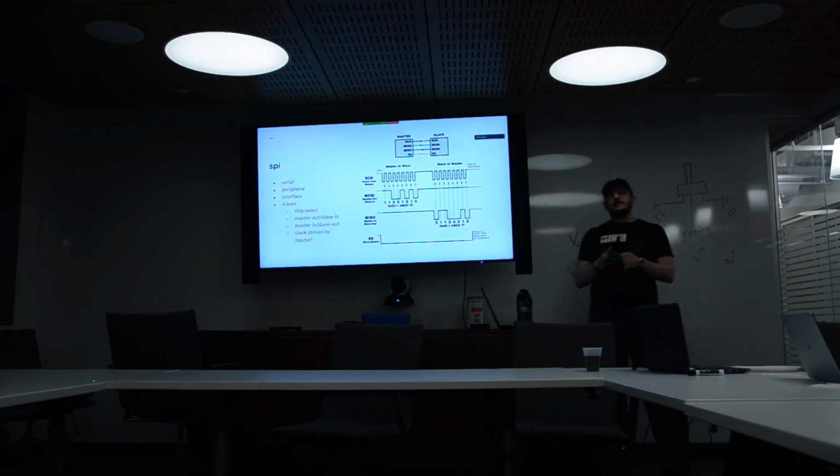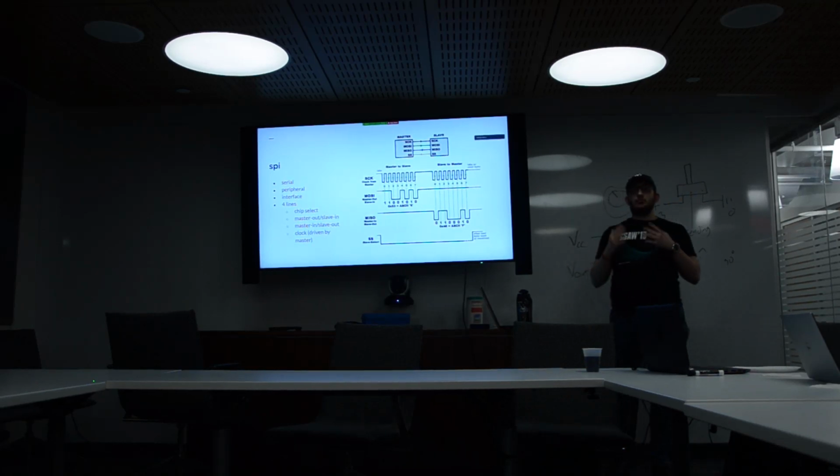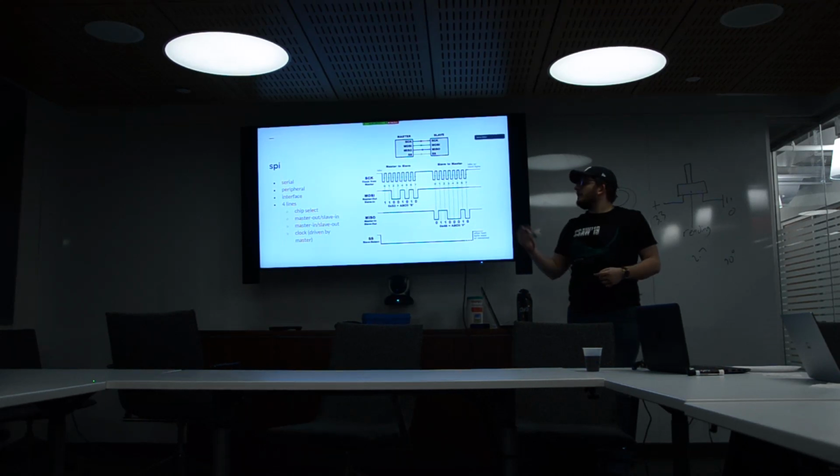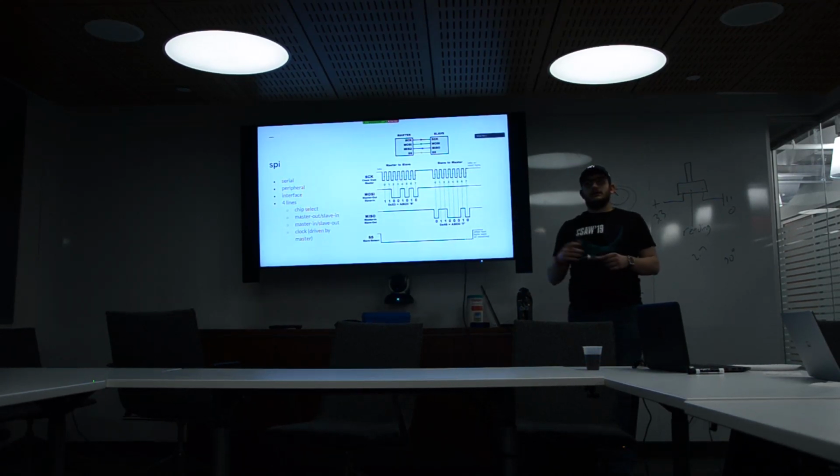So going back to the example of the room sensor, it's time for me to read whether or not there are people in the room. I have the clock going the entire time, tick, tick, tick, tick. I pull the pin for wherever the sensor's chip select line is connected, I pull that line low, and I send a message.